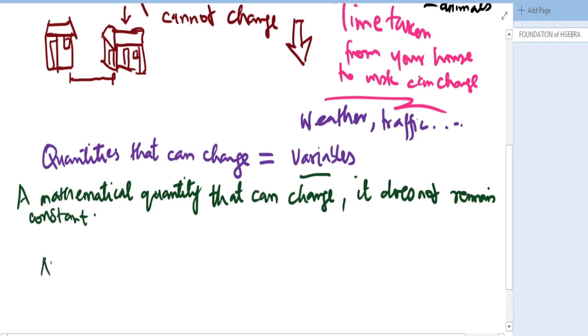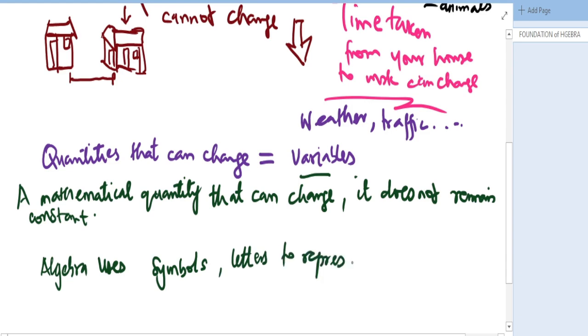Let's look further at what we call an algebraic expression. Ordinarily, algebra uses what? Symbols, or mostly letters, to represent quantities. What do I mean by this?